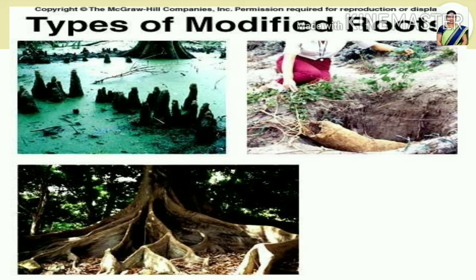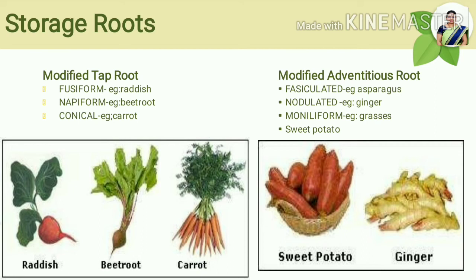Normal roots are well developed to perform their normal functions, but according to the need of the plants, the structure of roots gets modified into some other forms such as epiphytic root, parasitic root, nematophores, storage roots, etc. Let's study about the modified roots.